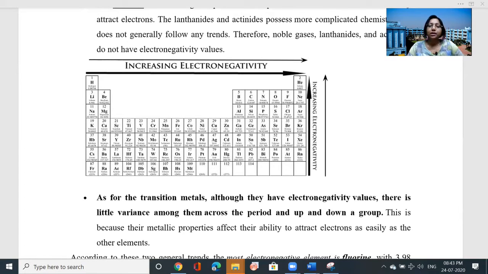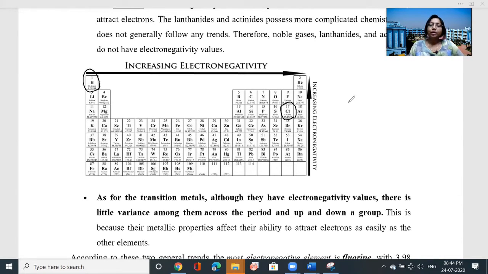You can see its atomic number is 17, so it has 17 electrons. I'm showing the example: if hydrogen loses one electron, since it has only one electron, it will become positive. And chlorine has 17 electrons, so it is easier to take one extra electron and complete the octet. It will become 18.